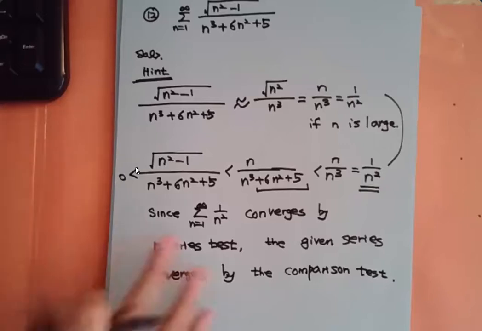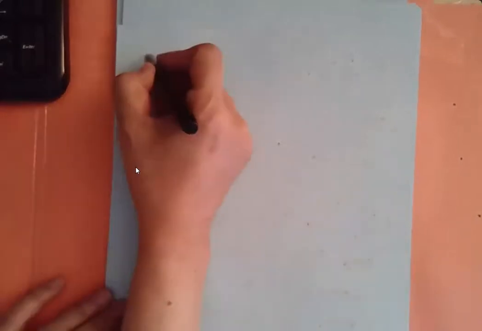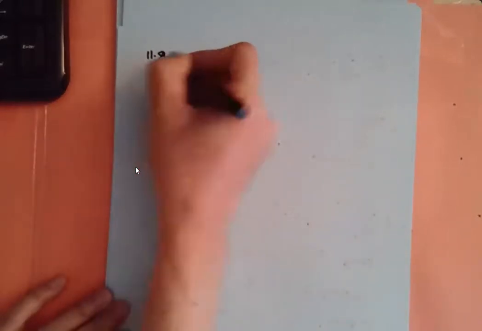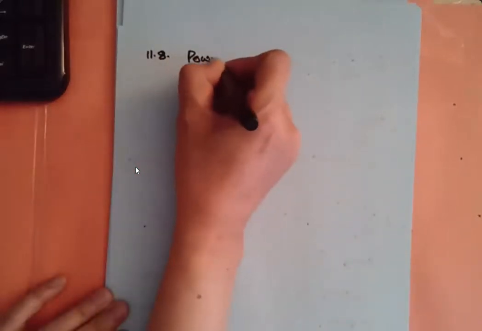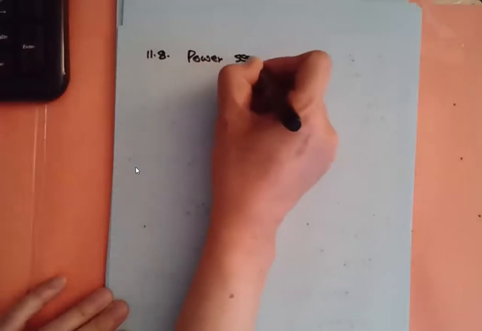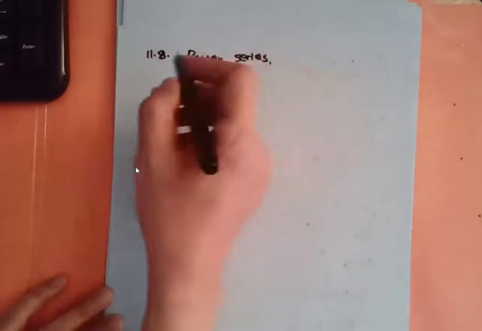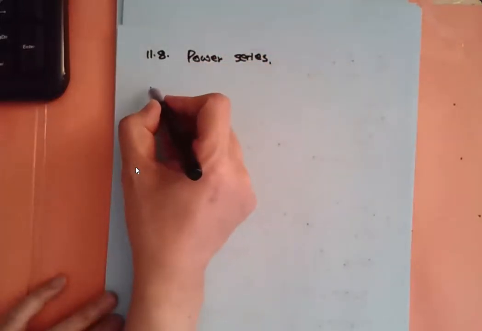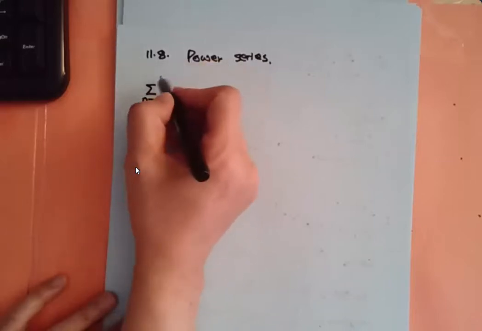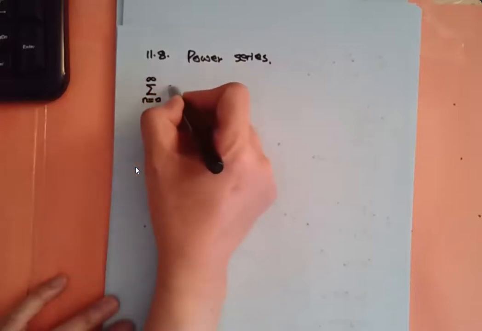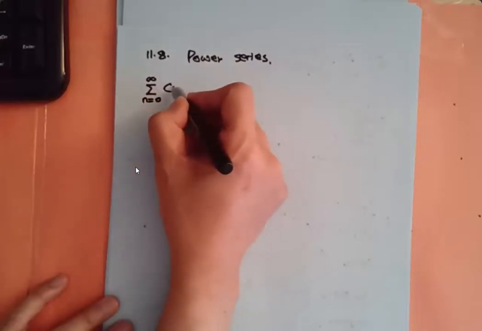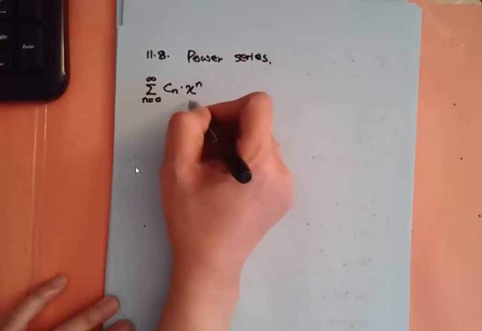So the next section is about the power series. Power series looks like this. We think about the variable instead of the concrete number. So n equals 0 to infinity, c_n, this is the number, and x to the n power. x is a variable.